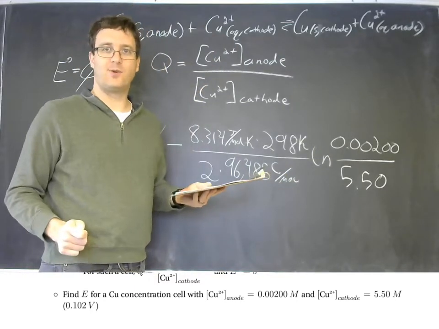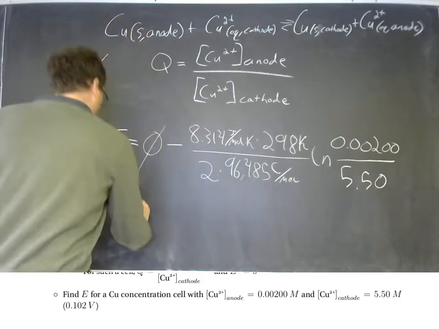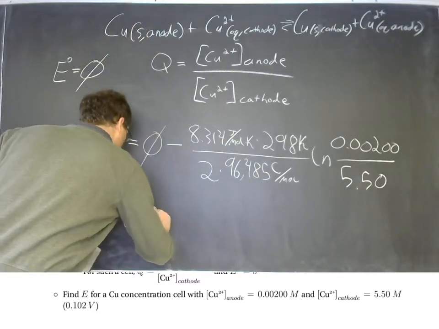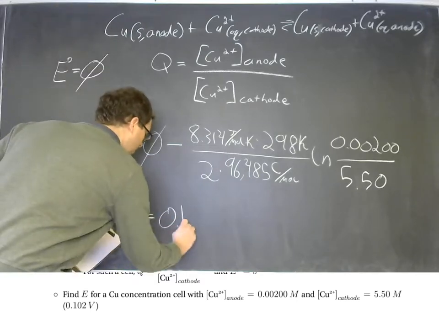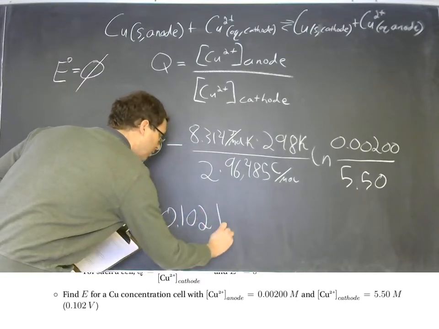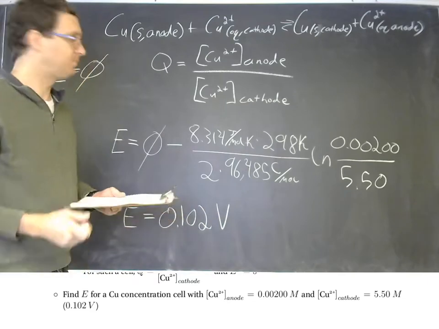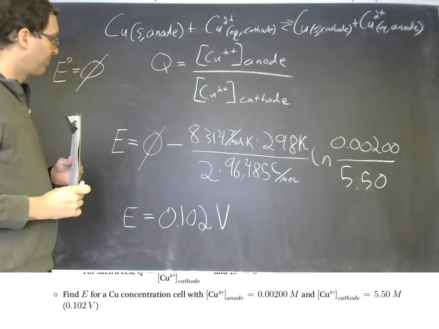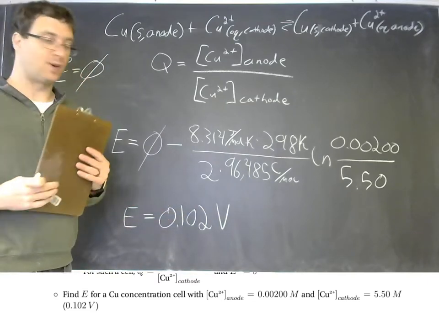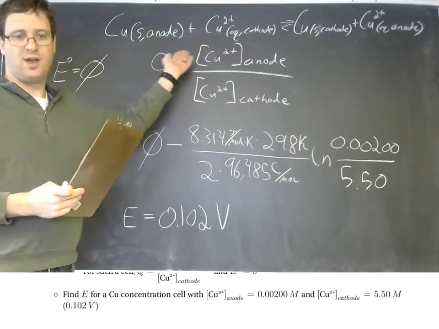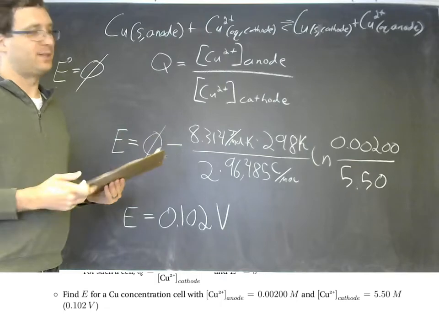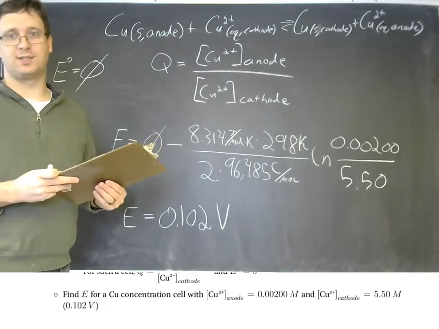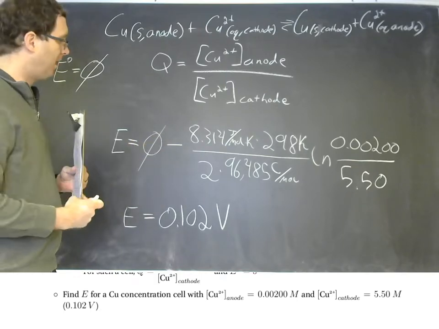It won't be much. The voltage is ultimately going to equal 0.102 volts. But interesting that you've got essentially the same reaction occurring in different directions in the cathode and anode. It's the difference in concentrations that are going to cause this cell to give you any potential at all.